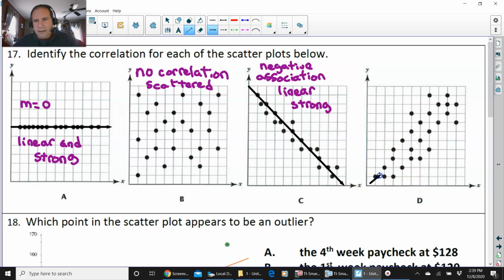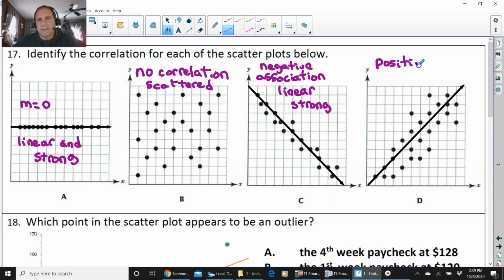Number 17, and we're going to draw a trend line. So that trend line is going up. Move this down a little bit. There we go. All right. So this is up. So this is a positive association.